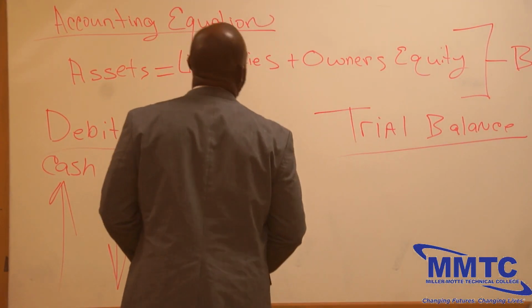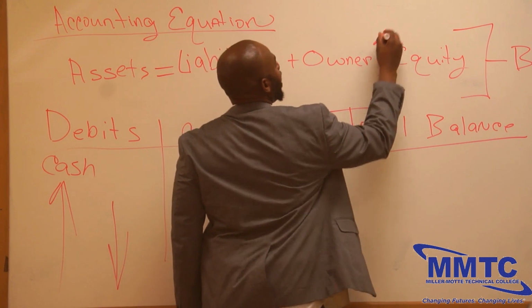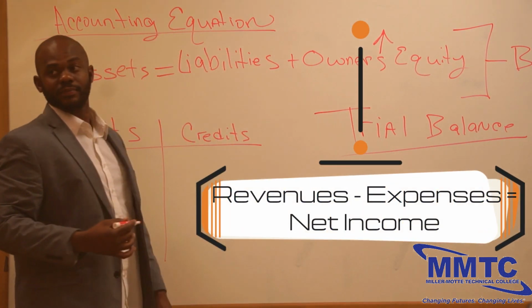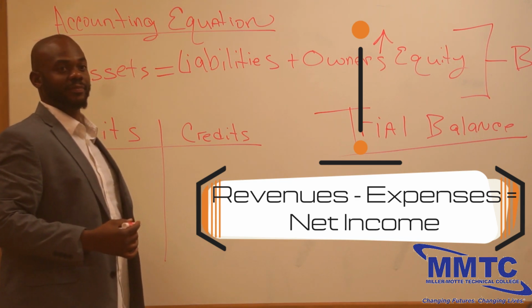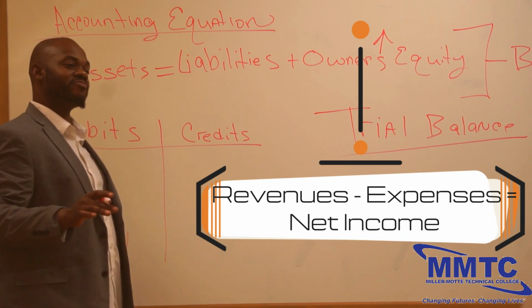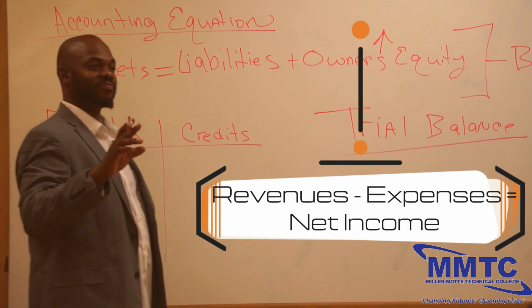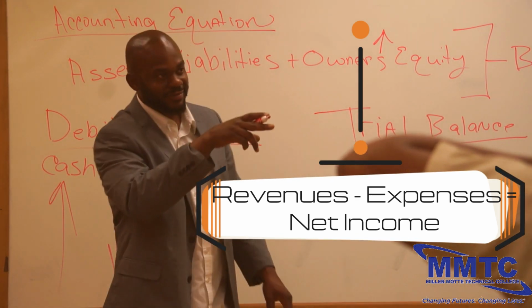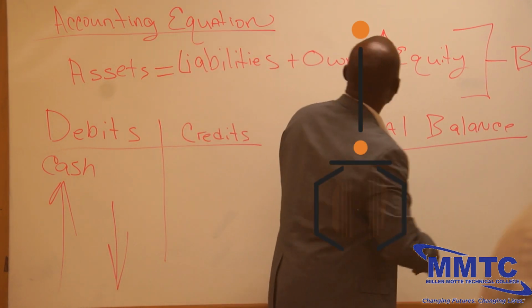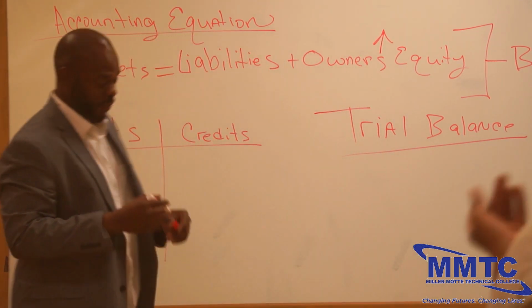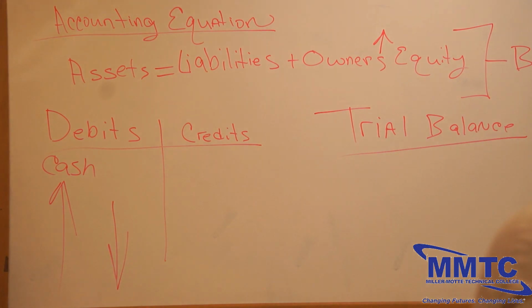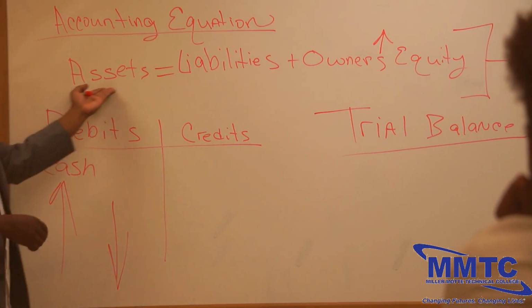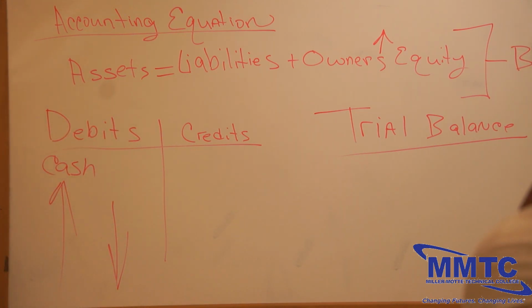Owner's equity. Owner's equity consists of what? Your capital, your revenue, your expenses. Good job. Owner's equity is what I'm worth. Remember, thinking about the statements? Assets assist me in making money.